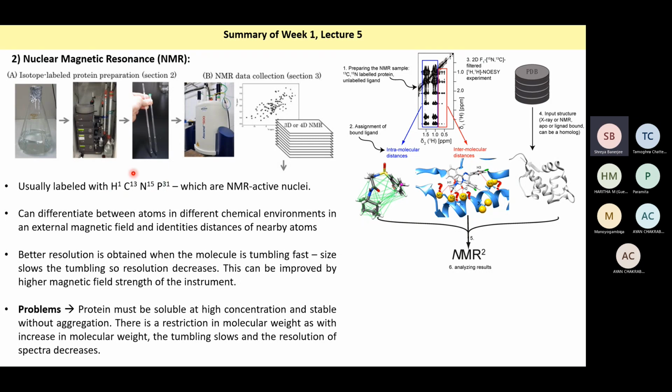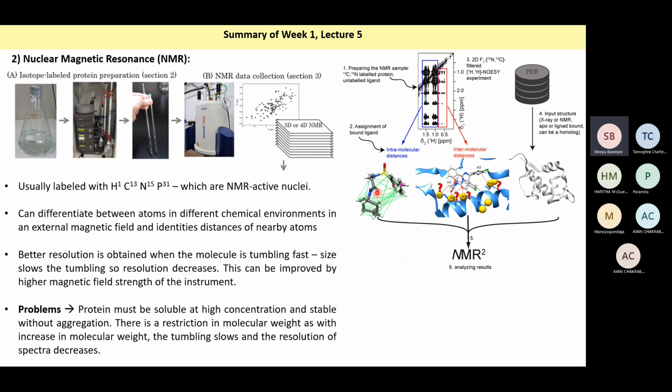When the protein is grown in the presence of these labeled nuclei, it can be detected by NMR. NMR can differentiate between atoms in different chemical environments in an external magnetic field and identify the distances of nearby atoms. So this labeled protein is run through an NMR machine, and 1D, 2D, and 3D NMR spectra are obtained.